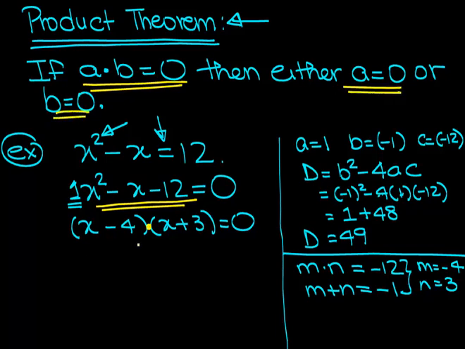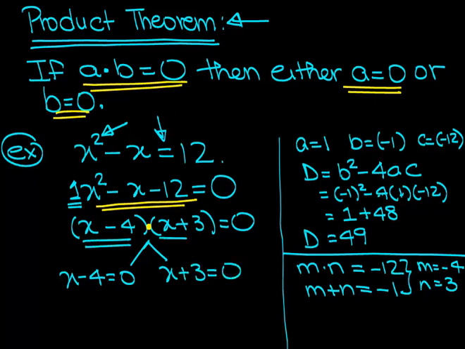So either x minus 4 is 0 or x plus 3 is 0. One of these factors has to be 0. These are linear equations, which we know how to solve. Move the 4 over, we get x is 4. Here we get x is minus 3. So the solutions to this problem are x is equal to 4 and negative 3.